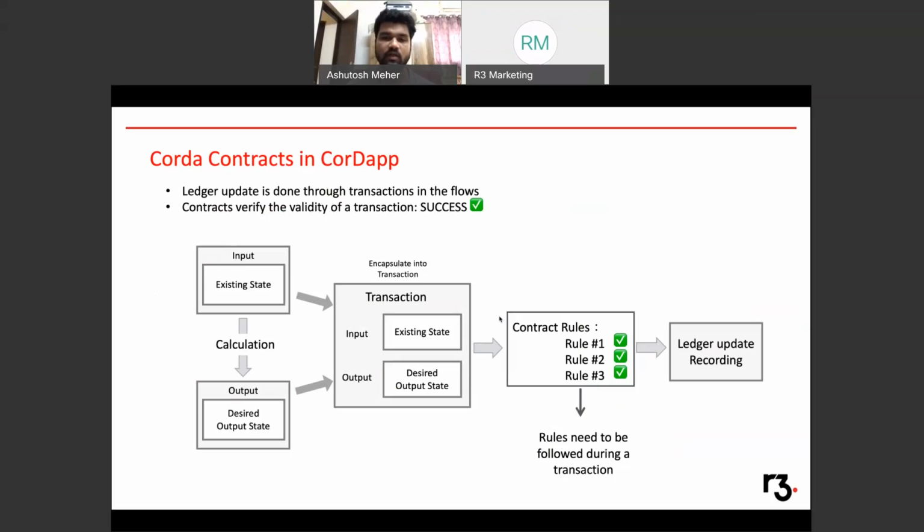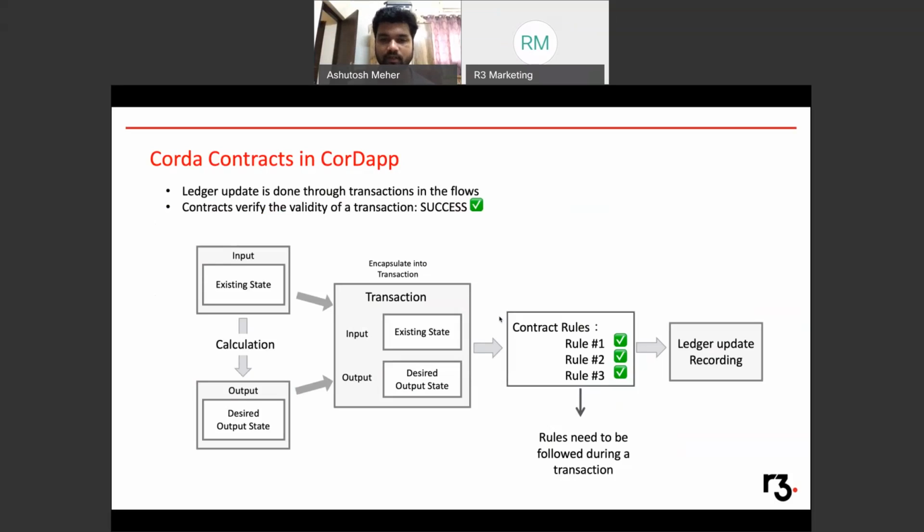When this transaction goes through, you trigger a flow, and that flow will construct this transaction and take care of sending it across to all the participants. In that process, each of these participants will need to run the contract rules, and whenever each and every rule in the contract is validated successfully by all the signing participants in the network, only then does your transaction go through.